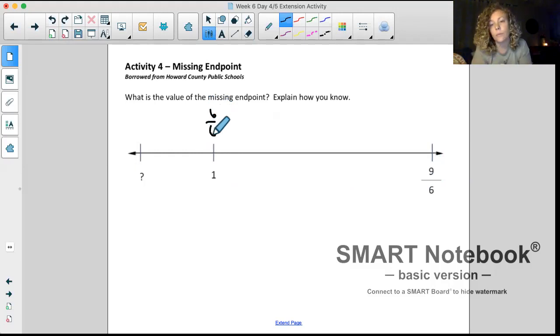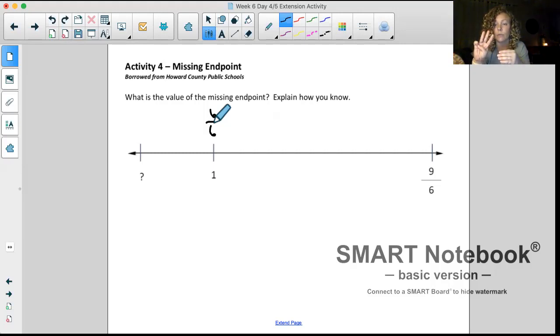Okay, so we're going to do the things we know first. Now, we have 6/6 here, not our endpoint, but in this other spot that was given to us. And we have 9/6 over here. How many sixths are between 6/6 and 9/6? There's 3 parts, right?